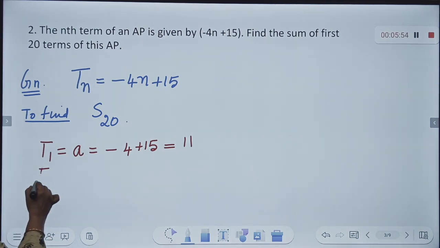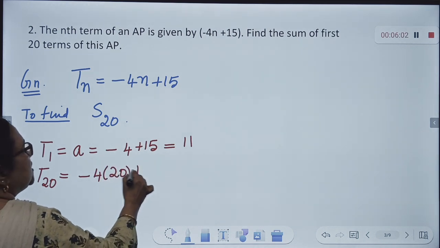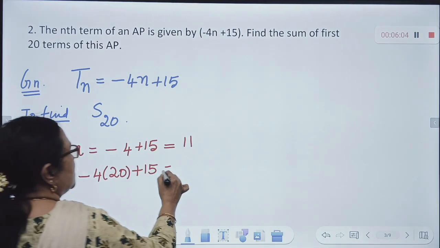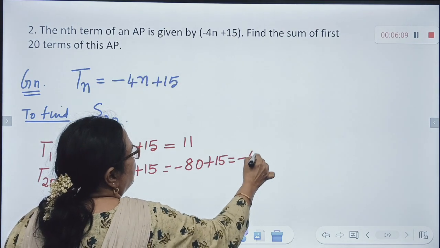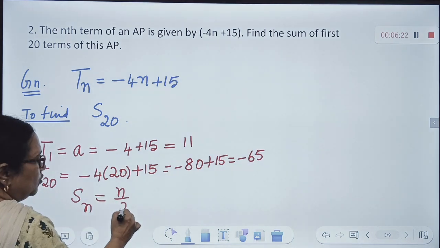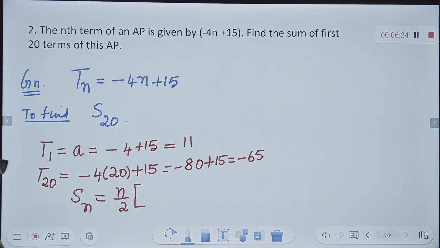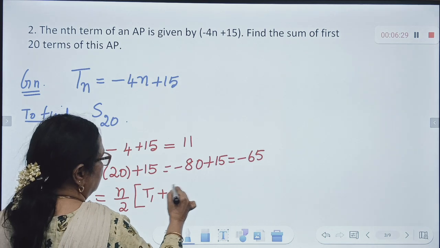Now what will be T20? T20 will be minus 4 into 20 plus 15, which is minus 80 plus 15, which is minus 65. Why am I finding T20? Because I know S20 or Sn. First let me write the formula. Sn is n by 2, either 2a plus n minus 1 into d, or first term plus last term.